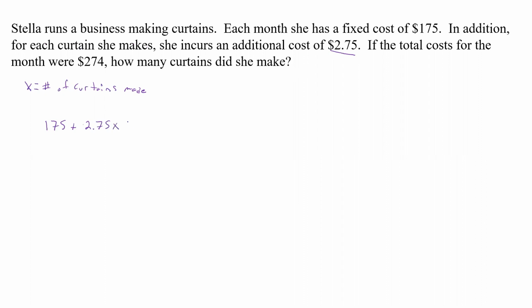Well, that's x. And we know that the total cost for that month were just 274. All right, so now at this point, we've got our equation. We've got the fixed cost plus the variable cost, depending on how many curtains she made. And then we have her total cost for this month. So what do we do? We solve for x. So let's subtract 175 from both sides.